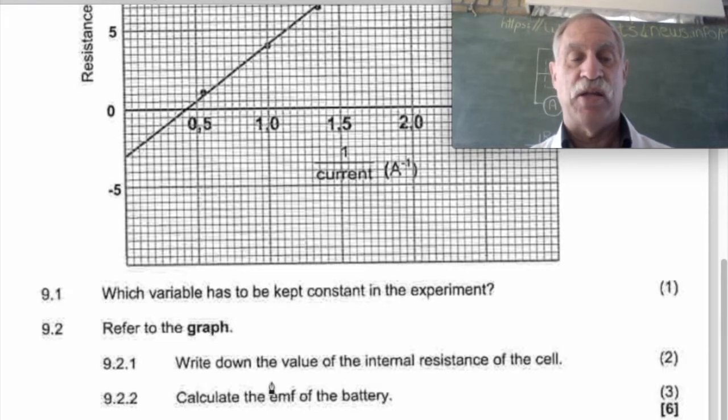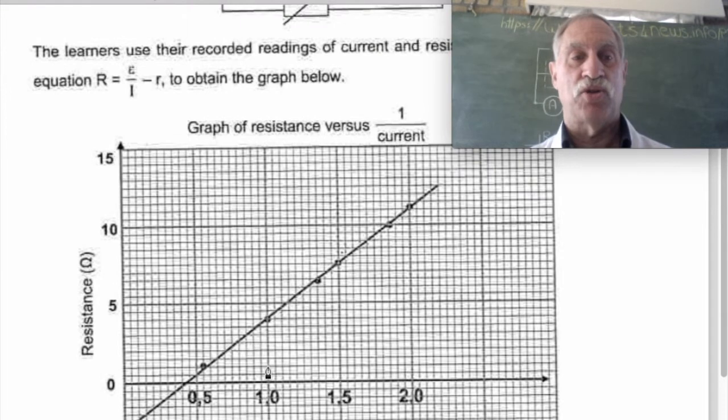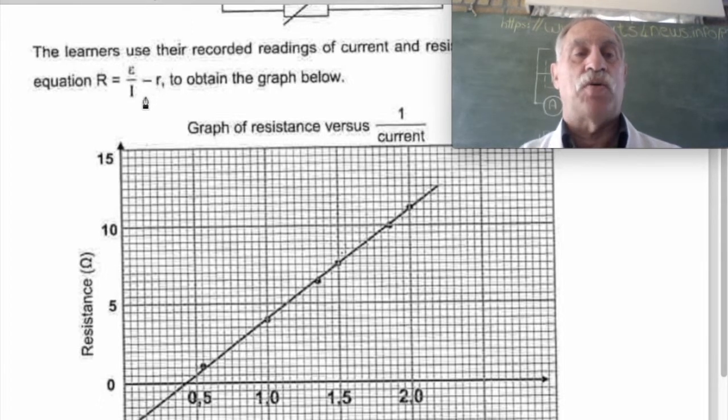Now, how do you calculate the EMF of the battery? You go to the formula they've given you. You've worked out that value, it is positive 3. We're going to use any plot on this graph, and we're going to plug the values from the graph into this formula.